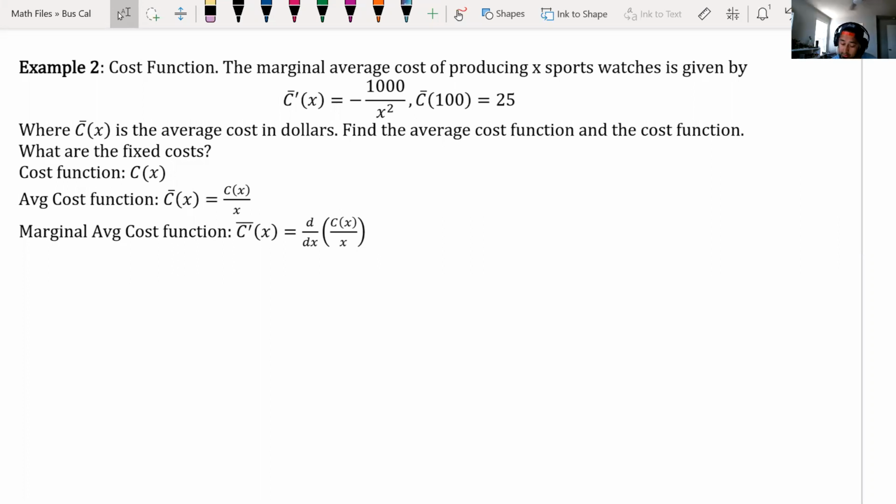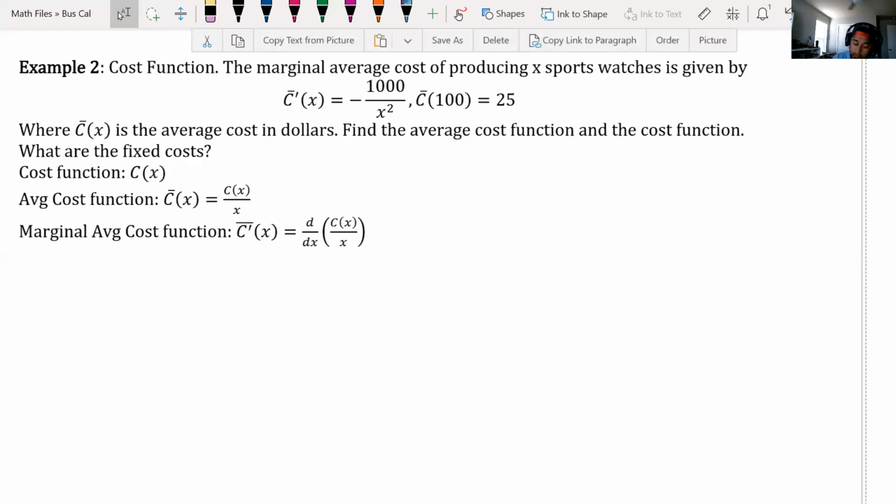And here they're giving us a clue that C bar of 100 is 25. So we know that from 1324, C bar of X is the average cost in dollars. We need to find the average cost function and then find the cost function.